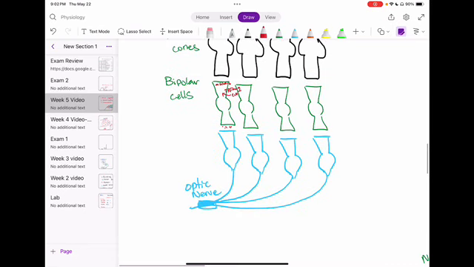And what this does is it sends an action potential down the cell, releasing an action potential, which is received, and it sends it down the cell.